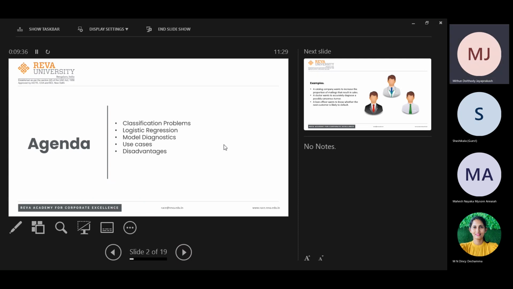So there are a lot of techniques which speak about classification. How do you handle classification-based problems? In fact, your entire career many times will be based on just running classification models.